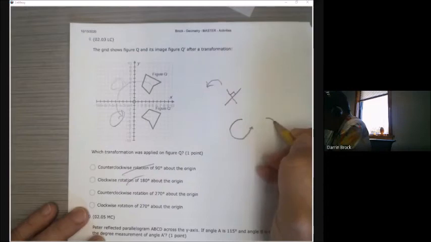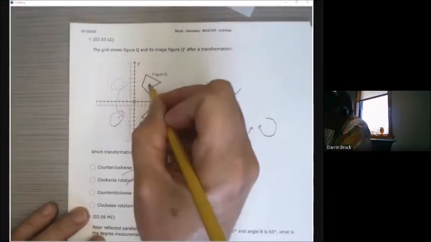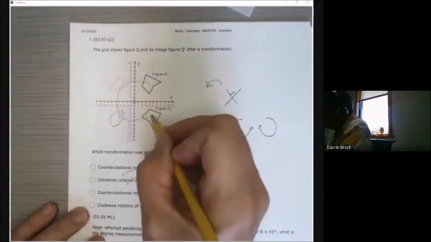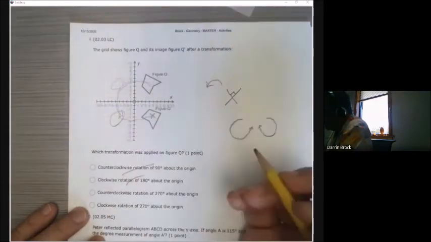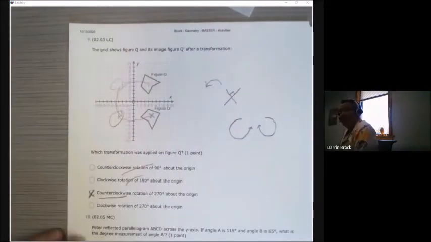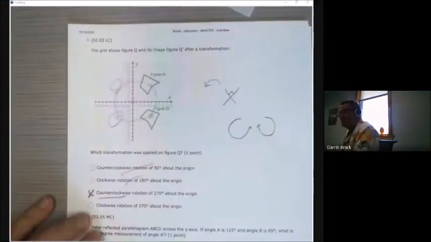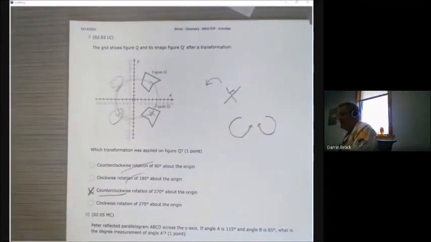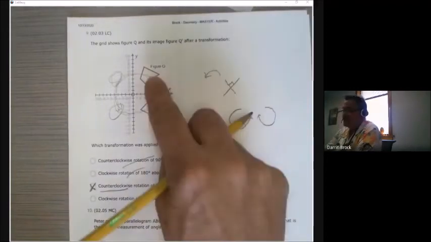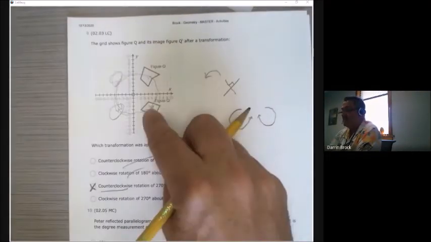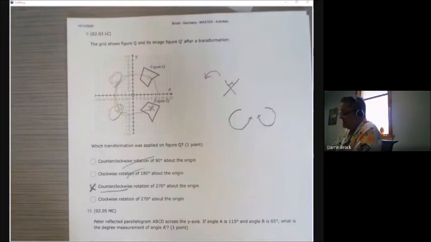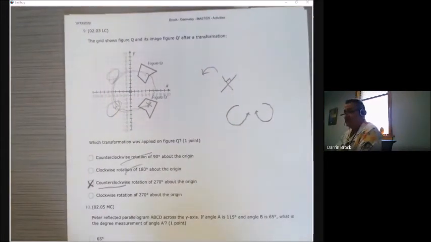Bingo, going counterclockwise, that gets us right where we want to be. Clockwise would go 90, 180, it'd be back over here. So it's not clockwise 270. This is the same as a clockwise 90 or a counterclockwise 270. They end up in the same place. So they would have the same rule if you're writing rules in your notes.